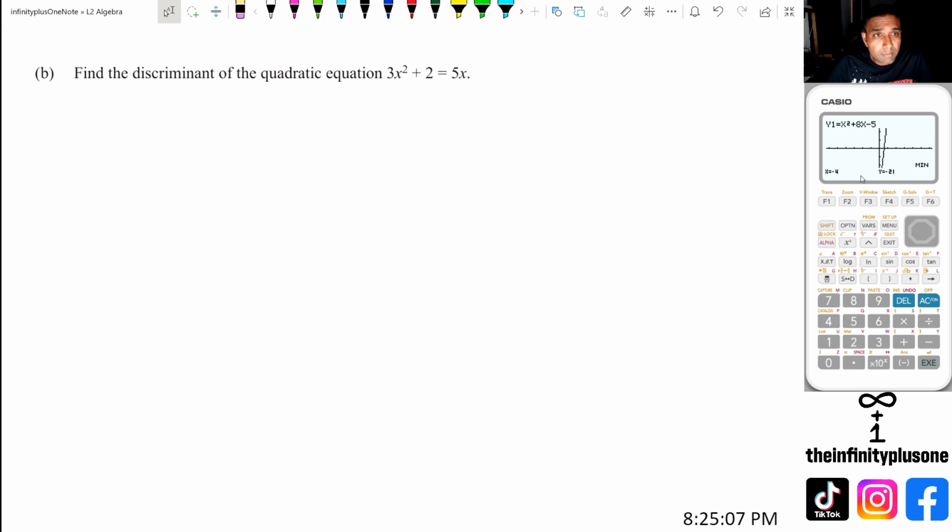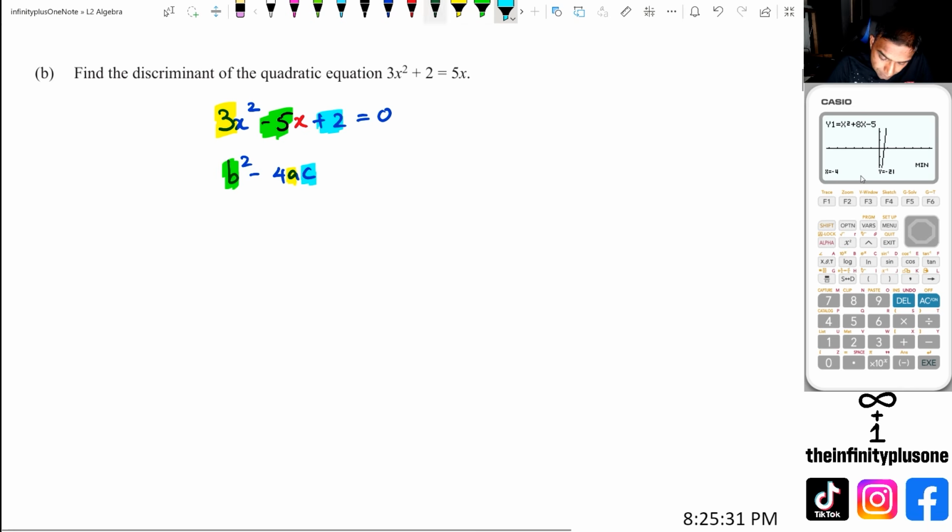Right, with this one we've been asked to find the discriminant of the quadratic equation, so we're going to rearrange this. 3x squared minus 5x plus 2 equals 0. We're going to find b squared minus 4ac. That is my a value, my b value is minus 5, and my c value is positive 2.